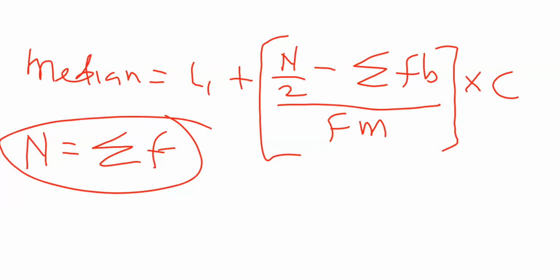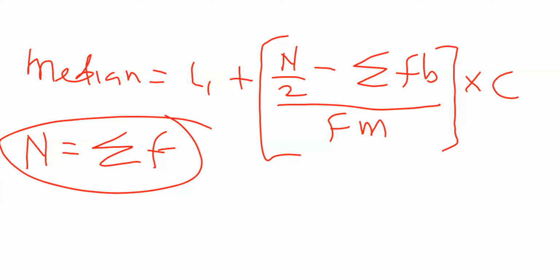Sum of all frequencies before the median frequency. That means if the median frequency is like 10, the frequencies before 10 is what we're going to add together.